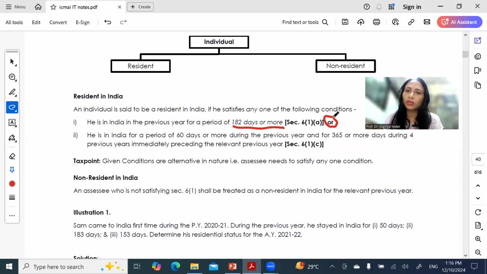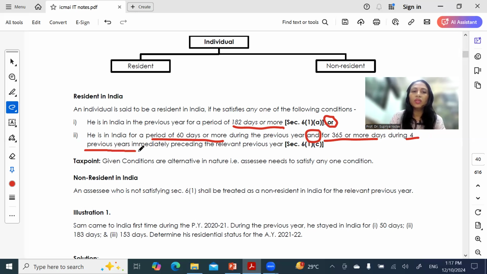If not, then we have to go to the second condition: that person stays in India in the previous year for a period of 60 days or more, and this condition we also have to satisfy at the same time: he also has to have stayed for 365 days or more during the 4 previous years immediately preceding the relevant previous year.